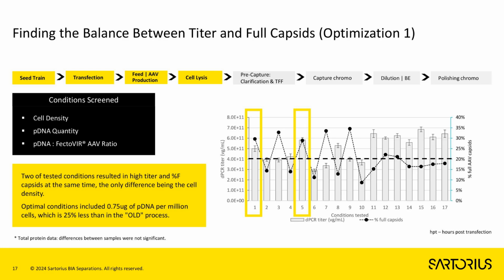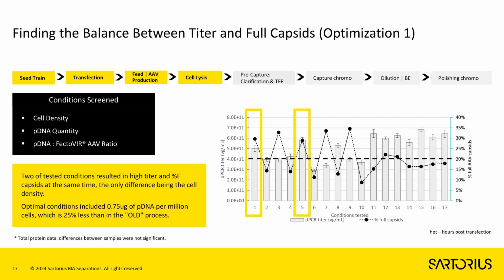This allowed us also to reduce the quantity of plasmid DNA that we used per million of cells in our previous process to about 0.75 microgram per million of cells, which is 25% less than what we had in our old process. So it was not only optimizing for higher titer and percent of full, but also helping us reduce costs.